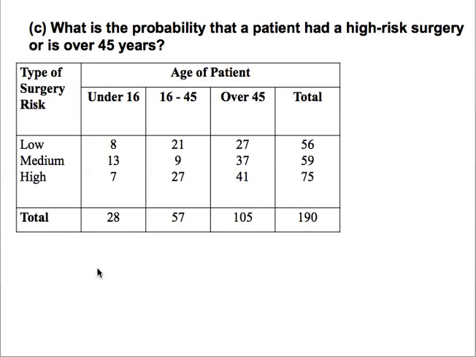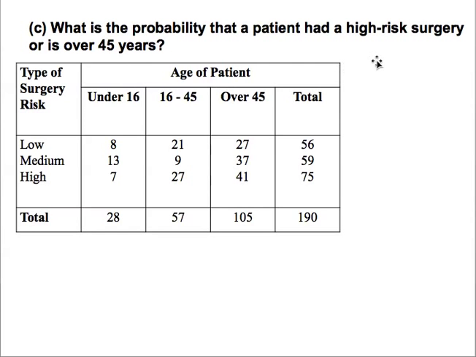So we're going to look at an example here. What is the probability that a patient had a high risk surgery or is over 45? So when you see that "or," we have one event, a high risk surgery, or, and then another event is over 45 years. So it indicates to us that we will have to use the addition rule.